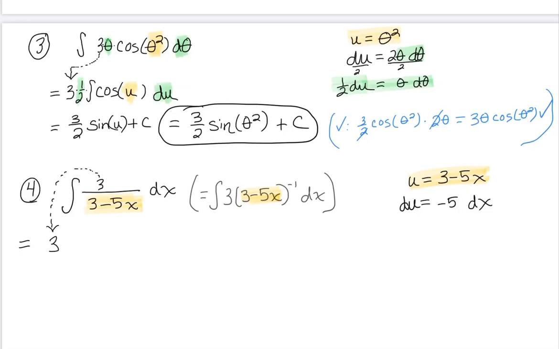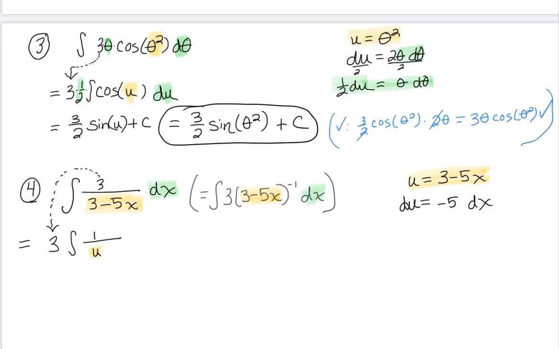So 3 times the integral of, and now I'm going to have my 1 over, and that 3 minus 5x, that's definitely going to be my u. So there's my u replacement. So what's the problem? Well, what needs to be replaced are any lingering x's or dx's. I have a lingering dx here.